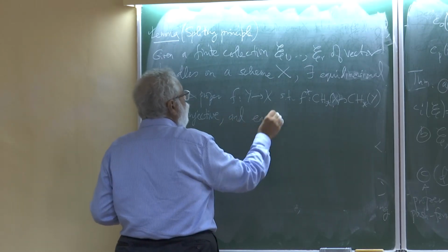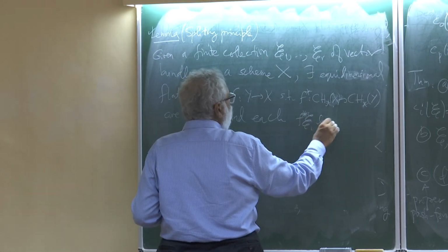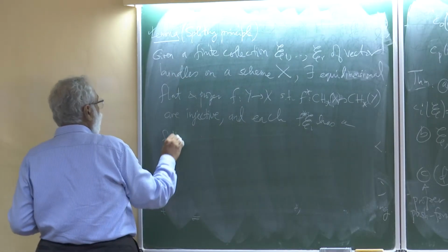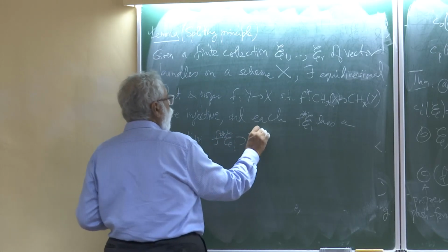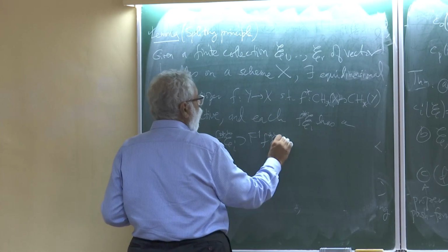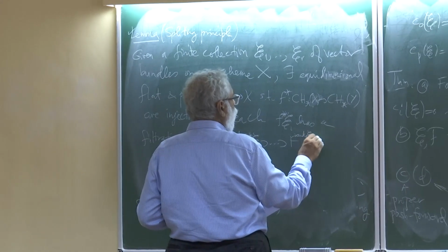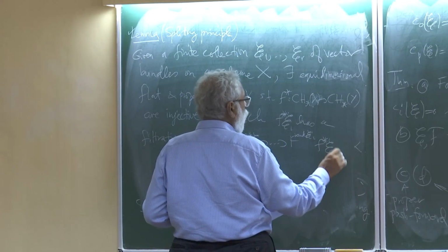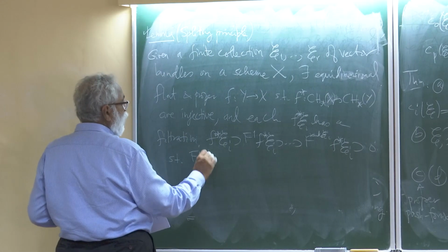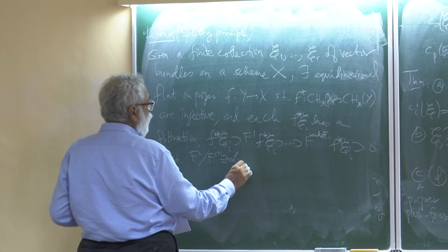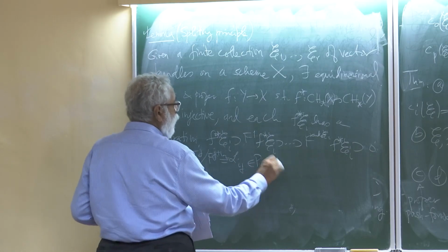And each f^*E_i has a filtration such that the graded quotients F_i/F_{i+1} are isomorphic to L_i; it's filtered by line bundles.